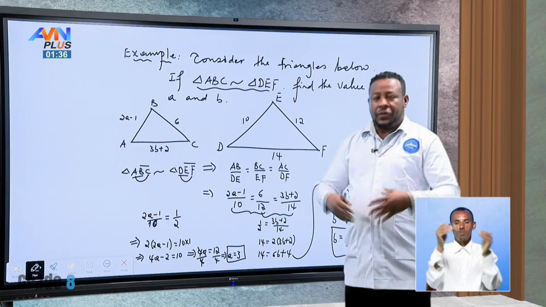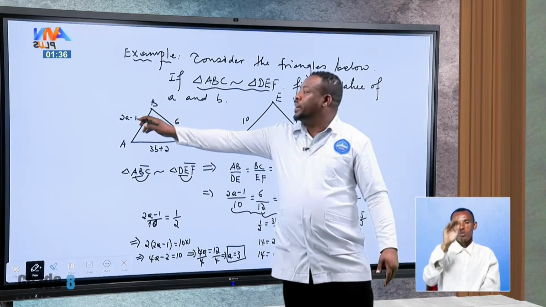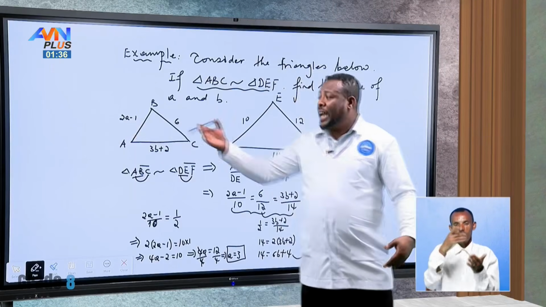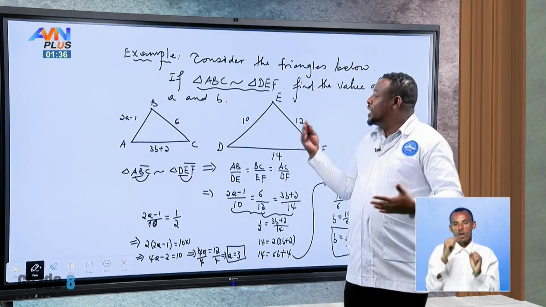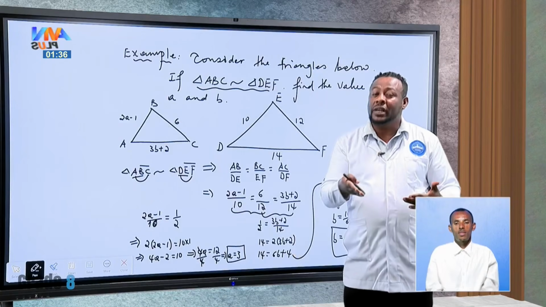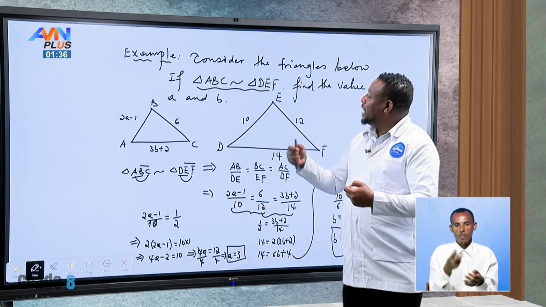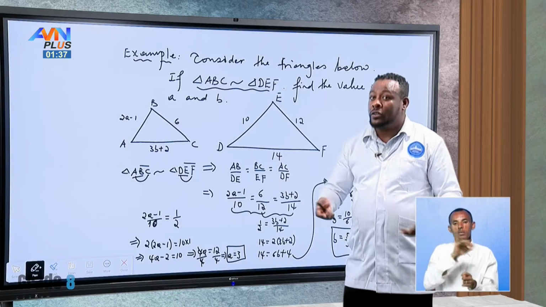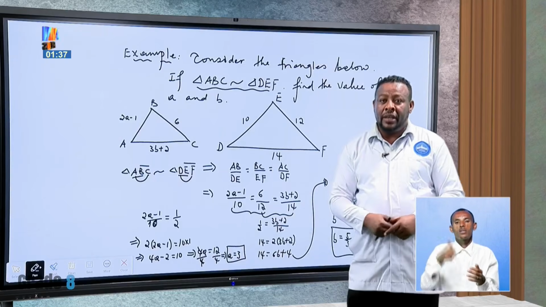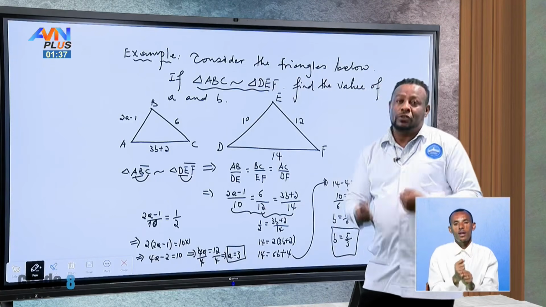For example, you can substitute a is equal to 4 here, or a is equal to 5 here, then you can see that the ratio of the corresponding sides are different. I will give you this for you to check whether the triangles are similar or not if you take any a value other than 3. So this way you can find the unknown sides.